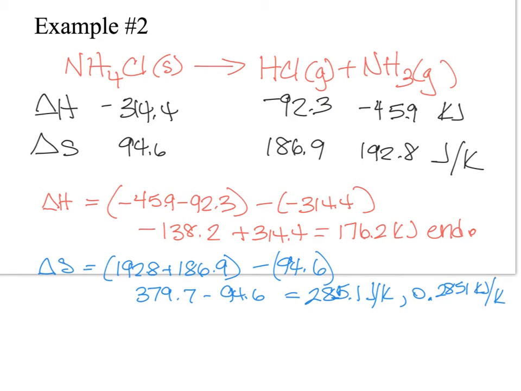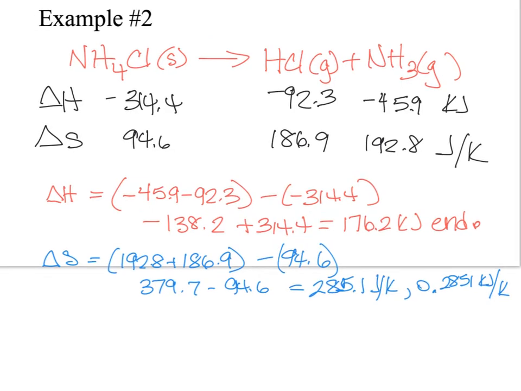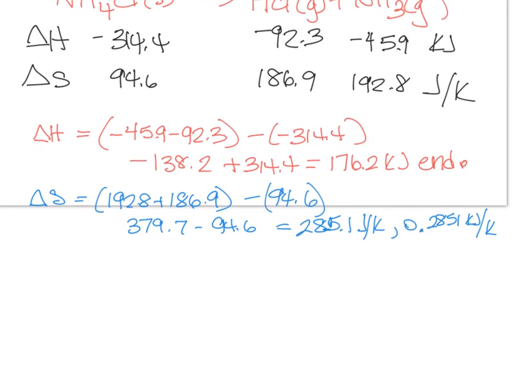So for the entropy, we know that it is becoming more disordered. All right, now let's plug those numbers in and get our delta G value.